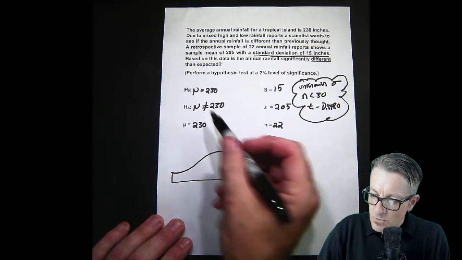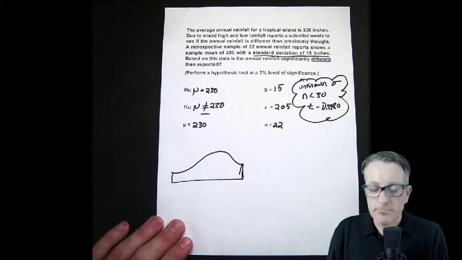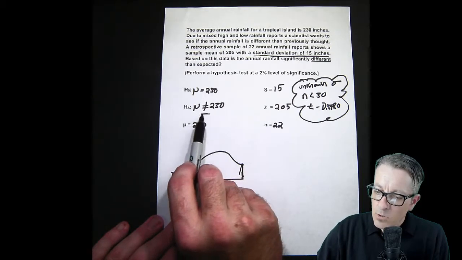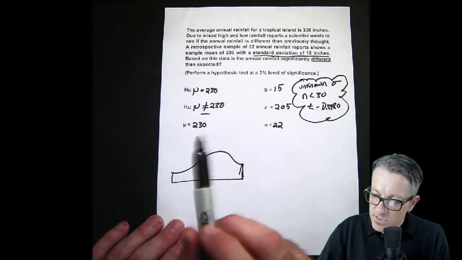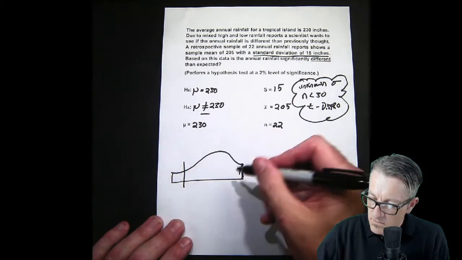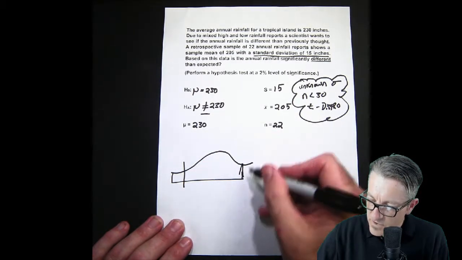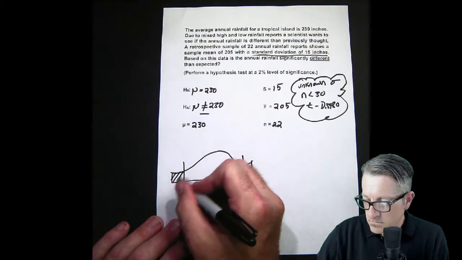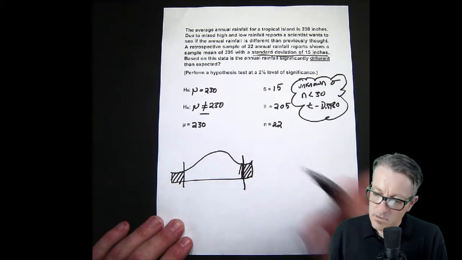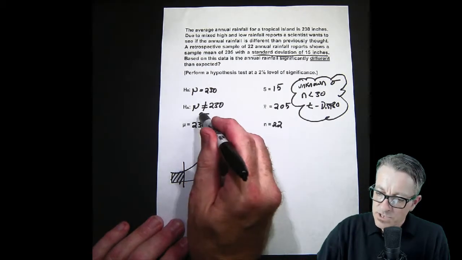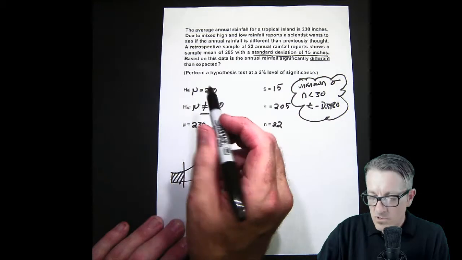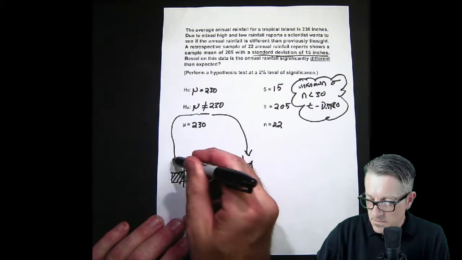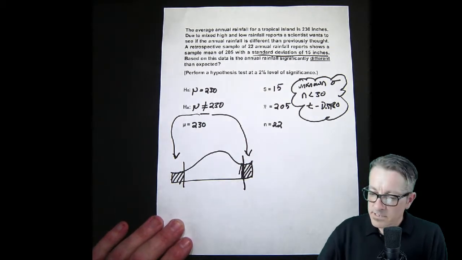Okay, the part that says different means it could be high or low, and if it's high or low, it's a two-tail test, which means we have two rejection zones. I usually draw an arrow that points towards the direction of the inequality. In this case, we go like this. This is our rejection zones. Okay, it's a t-distribution.